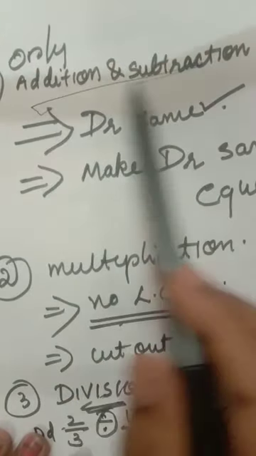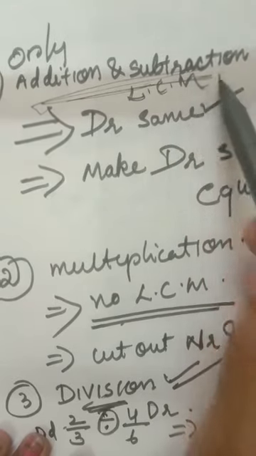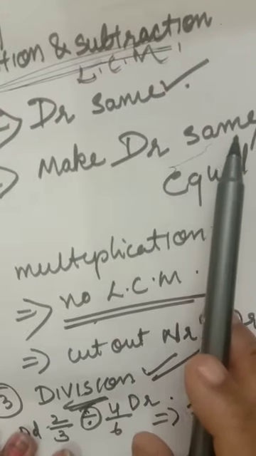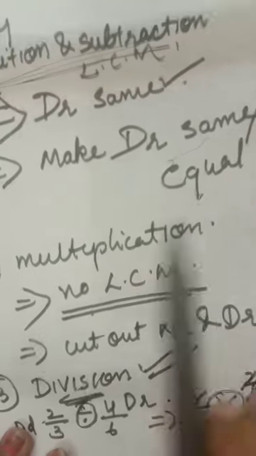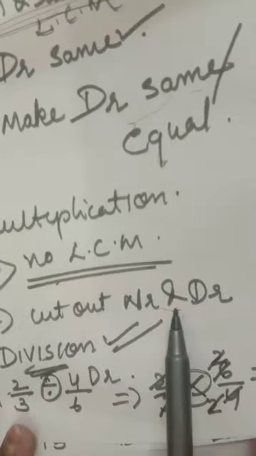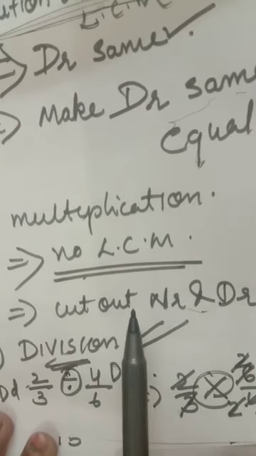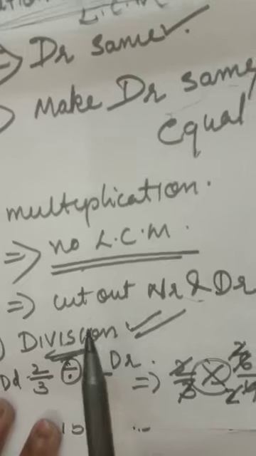Addition and subtraction only, you will take an LCM. Denominator you have to make the same. Multiplication, no need to check the denominator. You have to cut out numerator and denominator and write down in simple fractions.